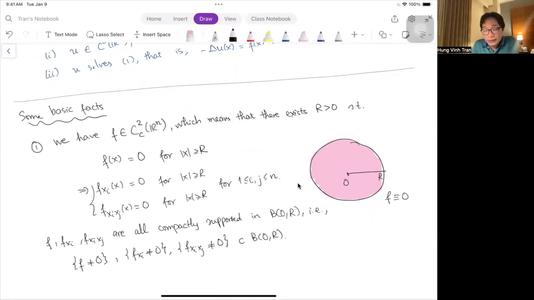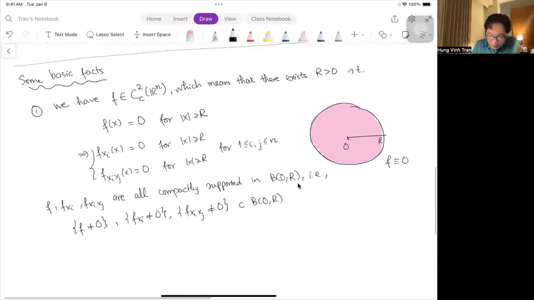You have learned from analysis that a continuous function has max and minimum value in a compact set, right? So again, it's 0 outside of this ball, and the closed ball center 0 radius r is a compact set.